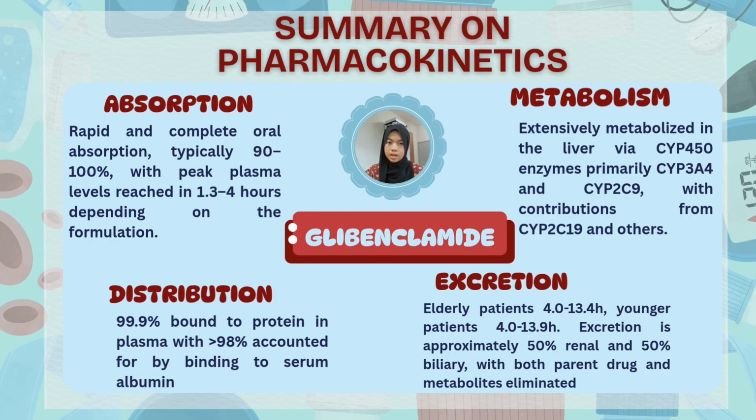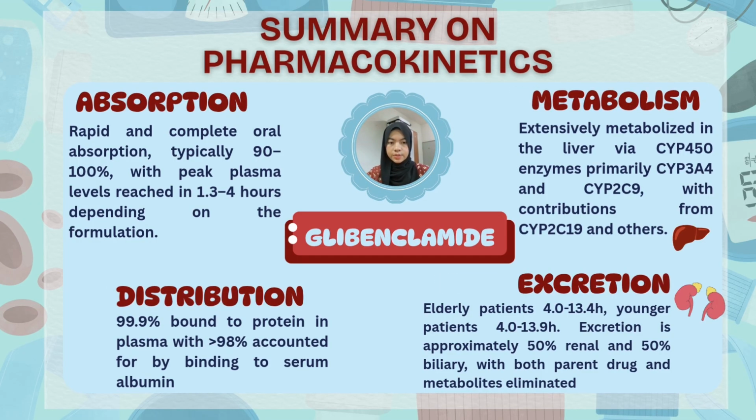For metabolism, glibenclamide is extensively metabolized in the liver. Next, for excretion, the half-life is 4 to 13 hours in elderly patients, and 4 to 14 hours in younger patients. Excretion is approximately 50% renal and 50% biliary, with both parent drug and metabolites eliminated.